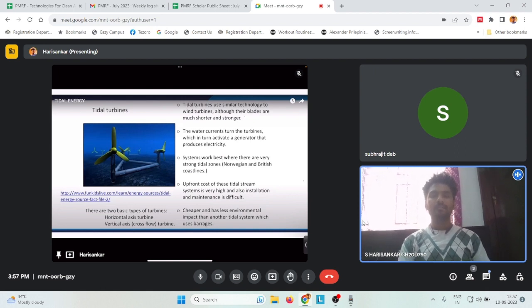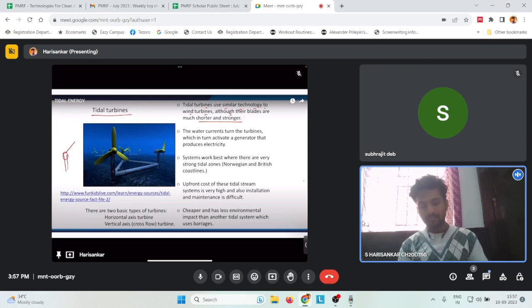To harvest the kinetic energy and convert it into electrical energy for tidal waves, you have something called tidal turbines. Tidal turbines use similar technology to wind turbines, although their blades are much shorter and stronger. You can see the tidal turbines here. These represent the wind turbines that we learned about in wind energy generation.